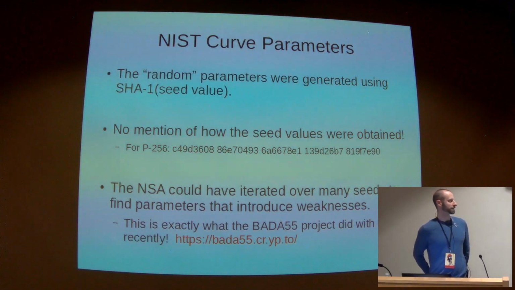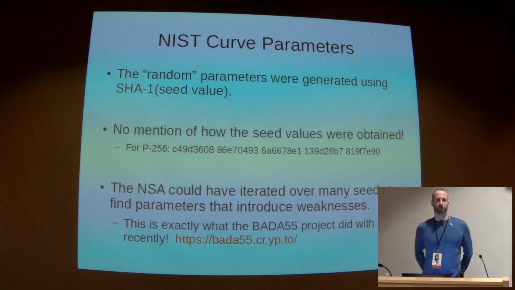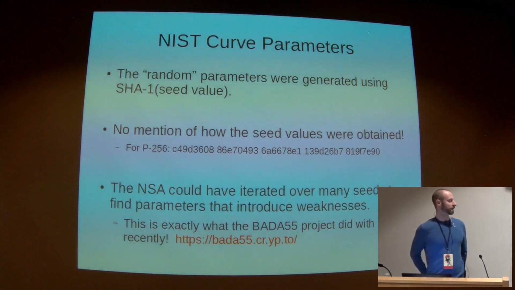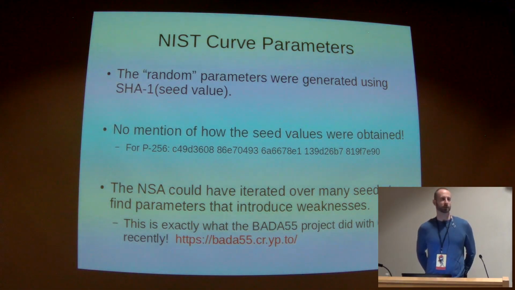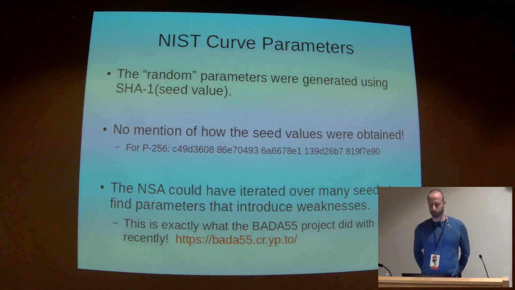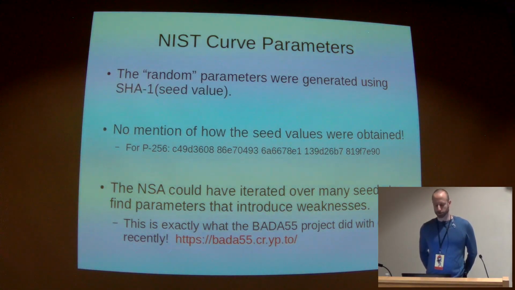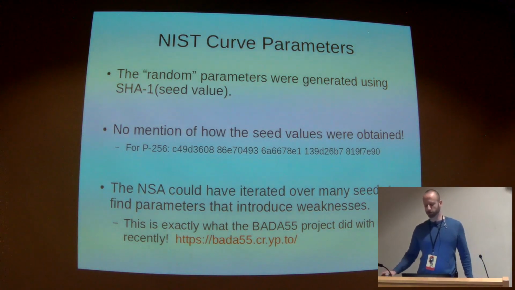Like, what is that? It looks random, but is this chosen? Did they search through many seed values to produce outputs that make weak curves? So that's really the punchline behind it all: where did these come from?